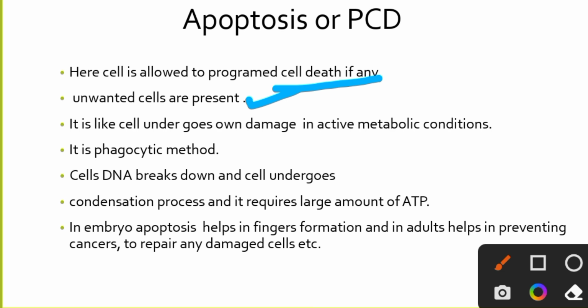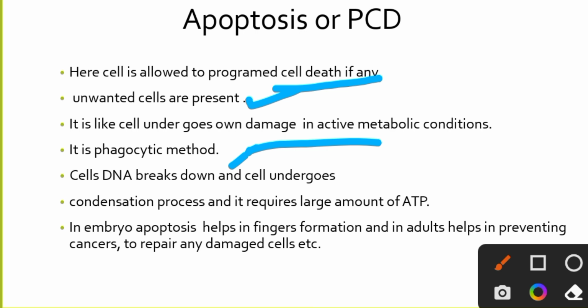So if any unwanted cells are there, even though metabolic activities are good, they will still undergo their own damage. And it is a phagocytic method. All of us know what a phagocytic method is, right? Engulfment. Yes, engulfment of the cells will take place.